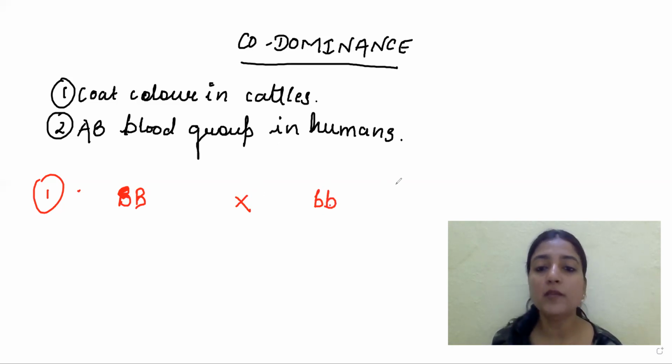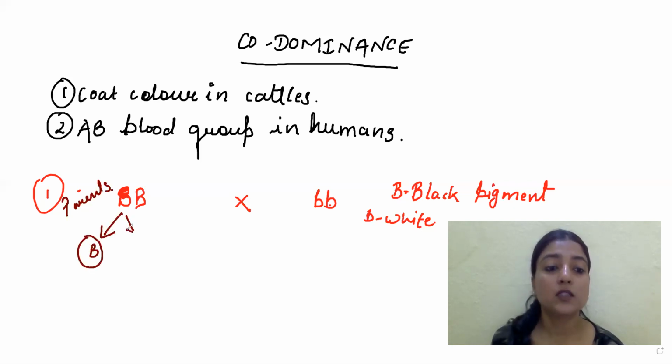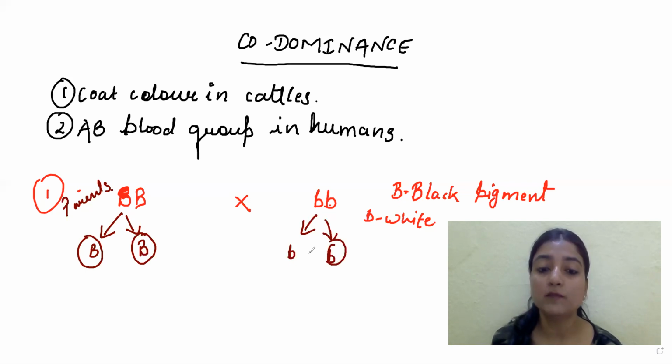Now the capital B shows the black pigment of the cattle, and the small b represents the white pigment of the cattle. So these are the parents. The gametes produced from this will be capital B, and from this the gametes will be small b.